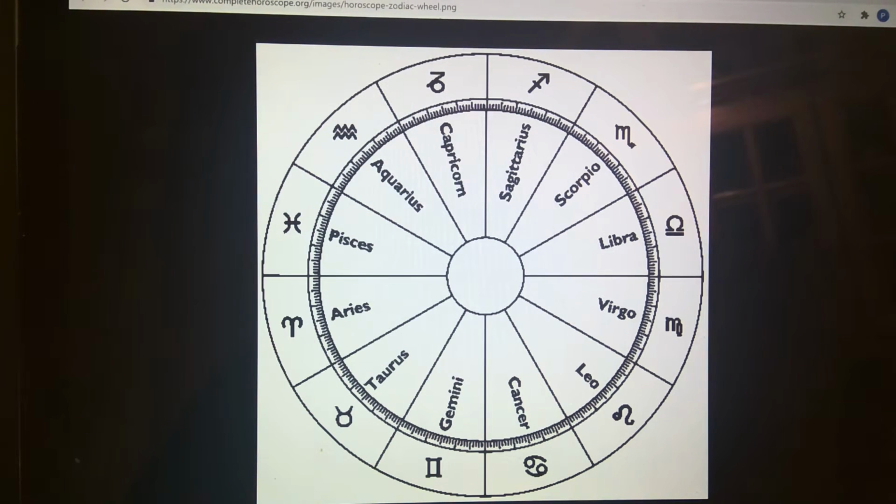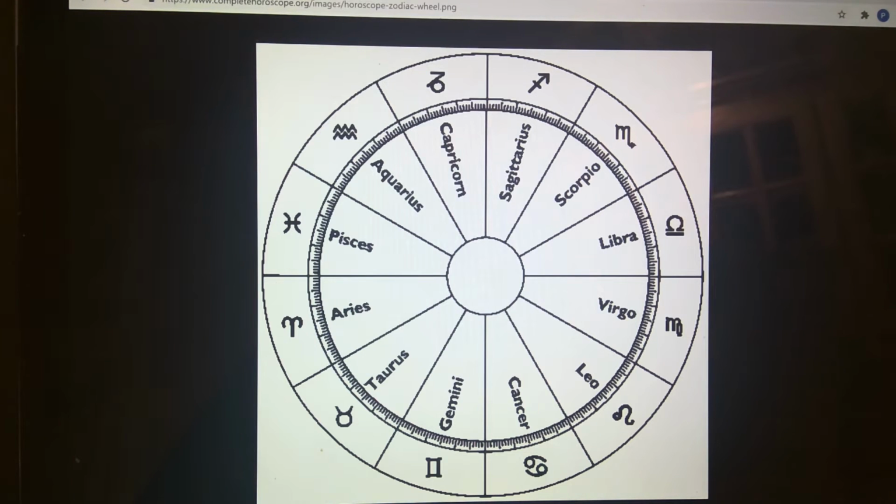What you see in front of you is a circle, and it's kind of like a clock, right? It's got these hash marks on it, kind of like seconds on a watch. There are 360 hash marks. You'll see that they're kind of demarcated into little slices, almost like a pie.